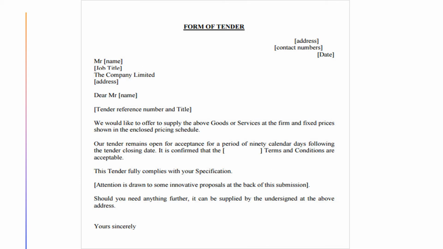This is a sample tender letter that is given. As usual, the address, the contact number, date, name of the person, the company, everything has to be mentioned clearly just like in the guidelines. Now in the content of the letter, look at how they are writing the content. The reference number and title are also given before the content.